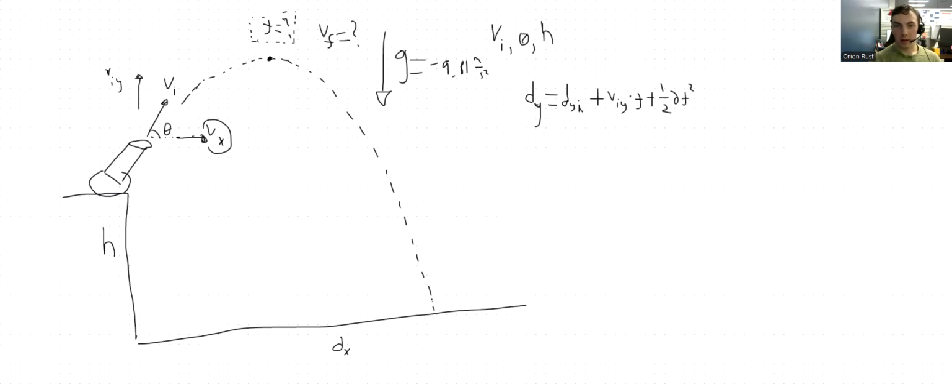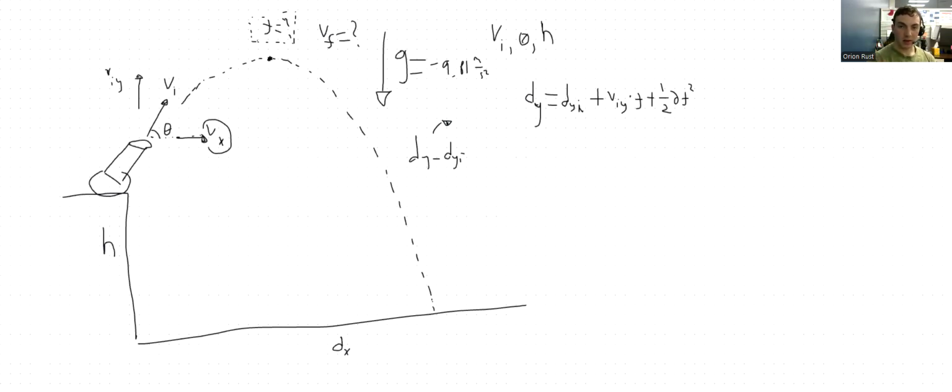And so our distance, we can subtract dyi from dy to simplify the equation a little bit. And this is actually going to be our h, or the distance that we traveled. Think about it logistically.